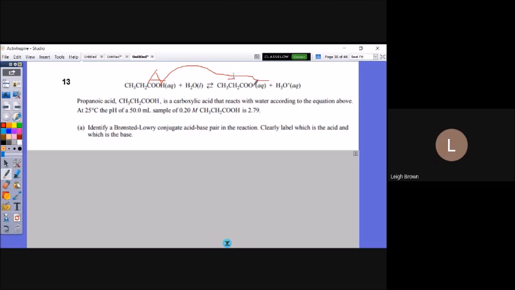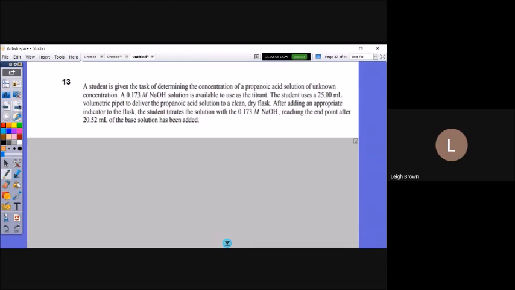This is my base, and I'd have to actually connect these two. Specifically it's called a conjugate base, but it really just means it's a base. So this would be one example of an acid and its conjugate base, or I could have used the other pair. You had to specifically state which one you're talking about. I'm going to skip that next one.